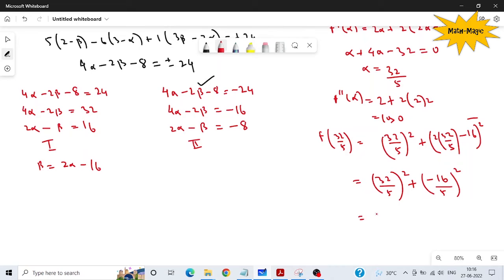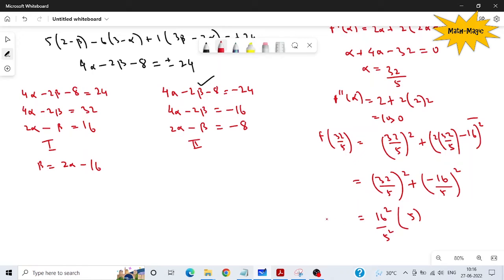What we can do is take 16 squared common, because anyway we are going to take a square root. Then 2 twos are 4, so it's 4 plus 1, which is 5, upon 5 squared.